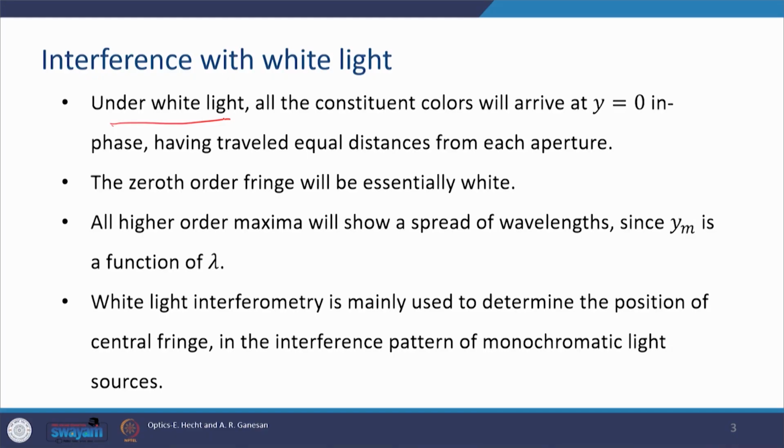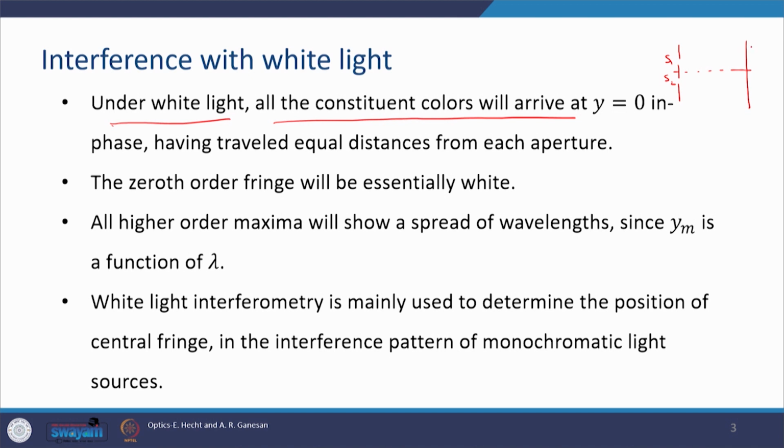Now, under white light illumination, all the constituent colors will arrive at the center of the screen. Let me remind you, we were having a source plane where we were having S1 and S2 in Young's double slit experiment, and this was our screen.